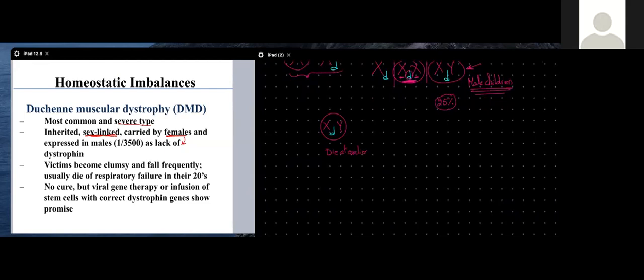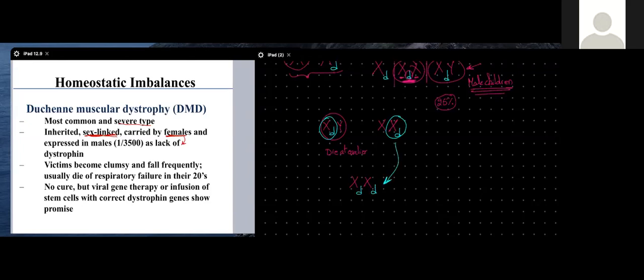If, let's say, I want to have a female with the disease, in order for this female to have the disease, she needs to have 2 copies of the defective gene on both of her X chromosomes. So this won't happen unless a diseased male gets married to a carrier female, for this X chromosome to meet this X chromosome, for the female to have 2 defective genes.